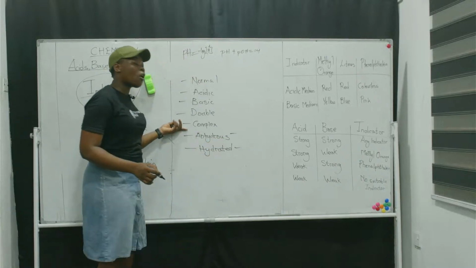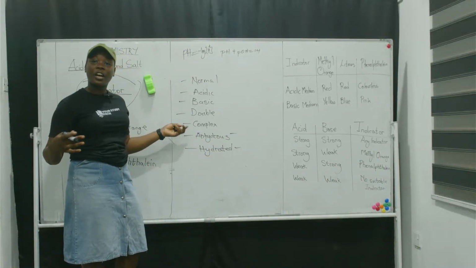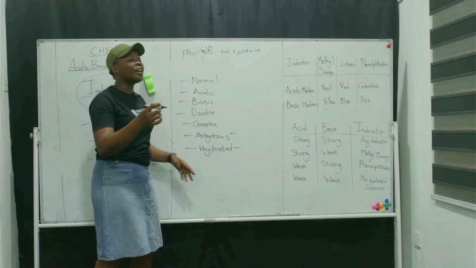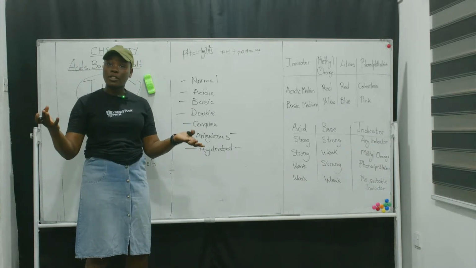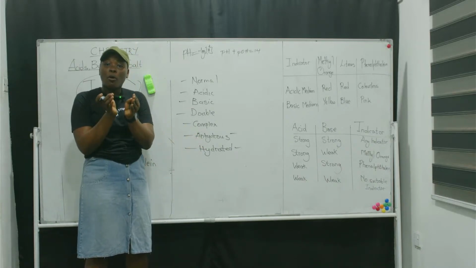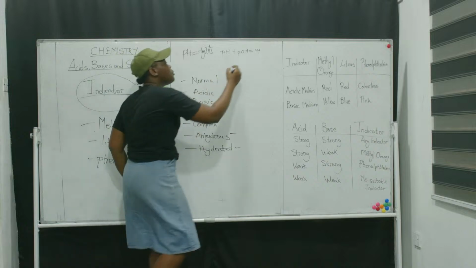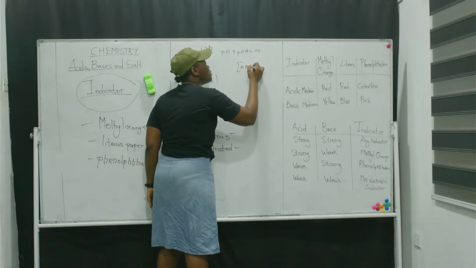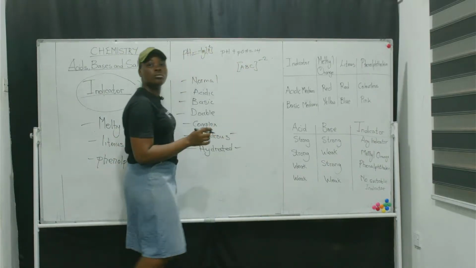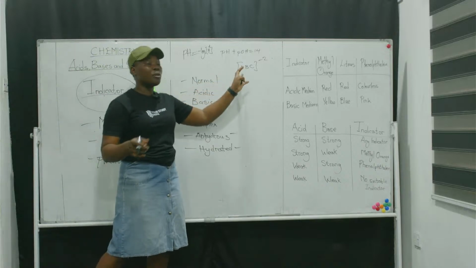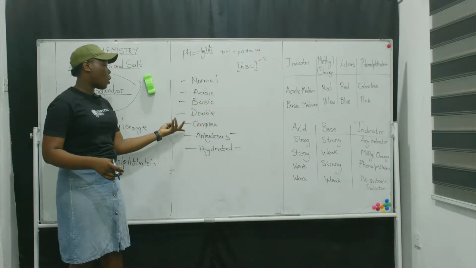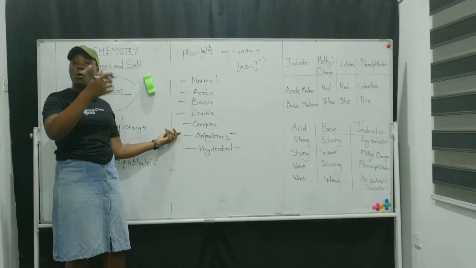Complex salts have complex ions, and complex ions are ions. We know ions are charged atoms, right? So a complex ion will be a group of charged atoms. So it can be ABC raised to power minus 2, right? A, B, C symbolize elements. Do you understand? So complex salts are salts that contain a complex ion.